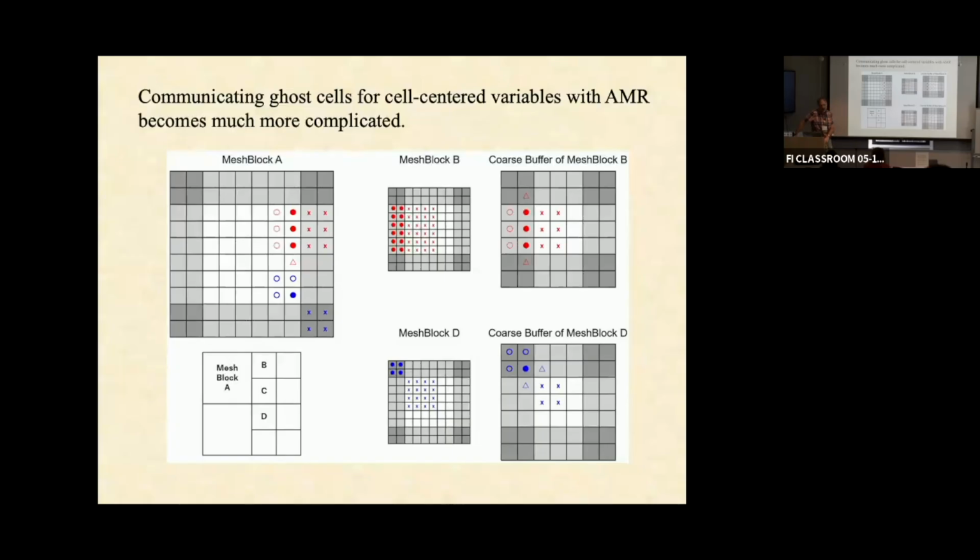Another detail is you don't want to refine and de-refine every time step, because you can get into pathological situations where one time step it refines, creates a whole new mesh block, checks the refinement criteria and says, oh, I don't need to refine, I'll de-refine. It de-refines everything, and you're back again, does one time step, and it refines. It just goes back and forth.